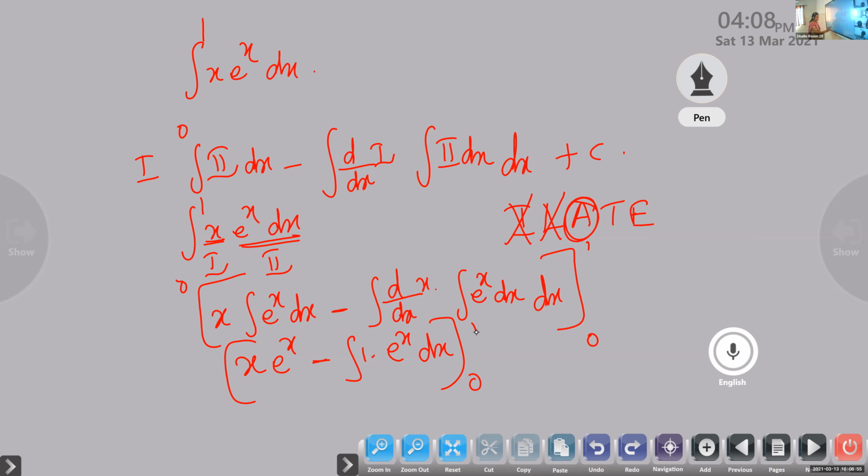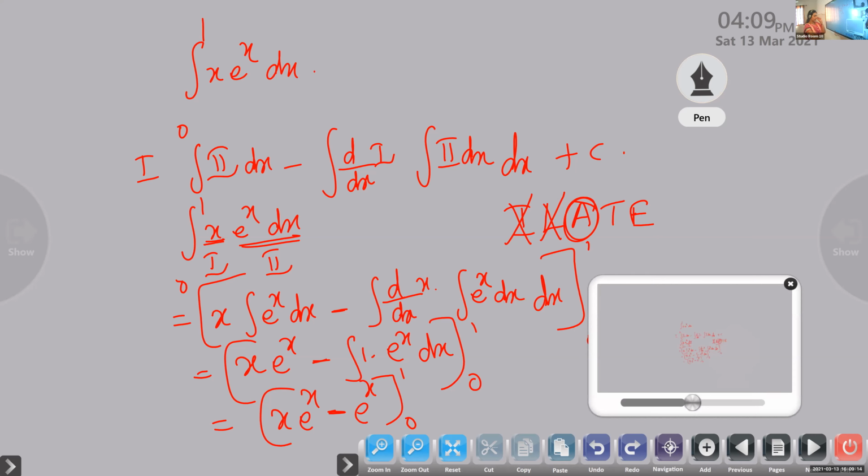This is not over, integration is not over. X into e raised to x minus, what is integral of e raised to x? E raised to x, within the limits 0 to 1.